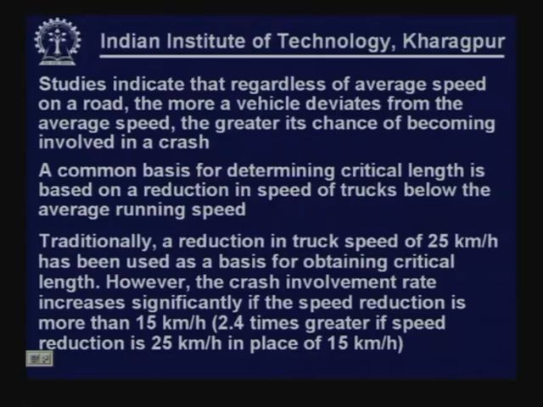If we take a speed deviation of 25 km/h and another of 15 km/h, in the first case the possibility of a vehicle getting involved in a crash is almost 2.4 times higher. That is a very vital observation.